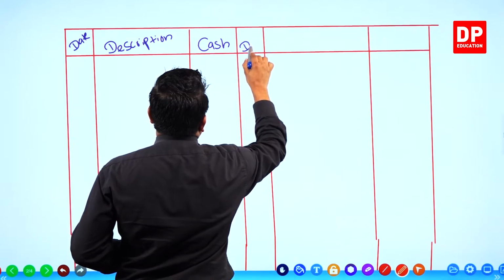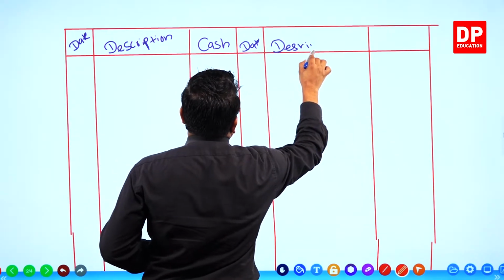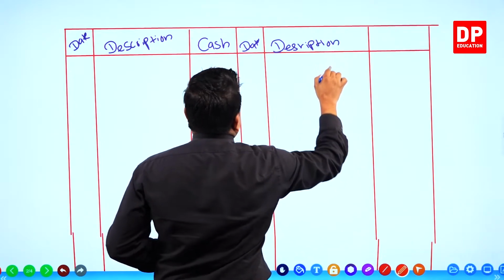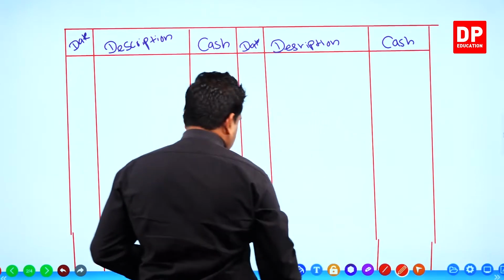Date, description, cash or value, right? What you write on the top?